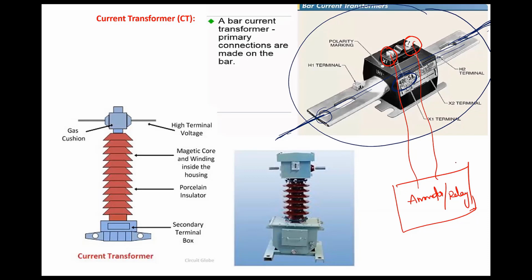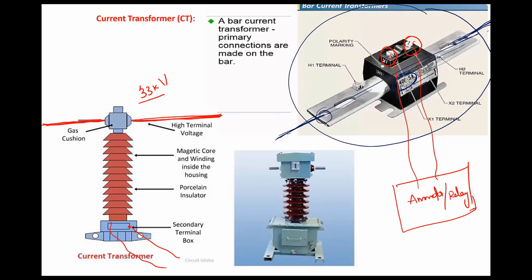The second point: here you can see one more type of CT, usually used at 33 kV and above. Here the HT line will be connected, and the same line will go through like this. This is a 33 kV line. There is a terminal box from which you can take two small wires and connect them to the relay or ammeter.